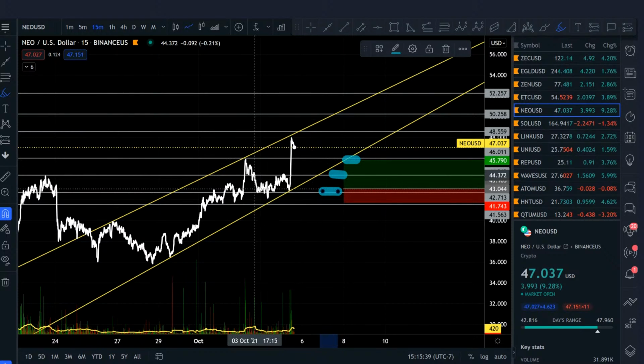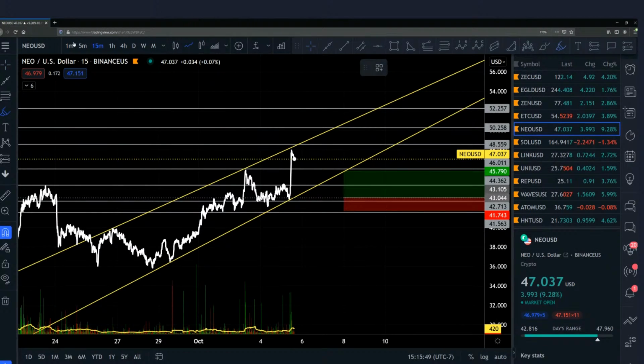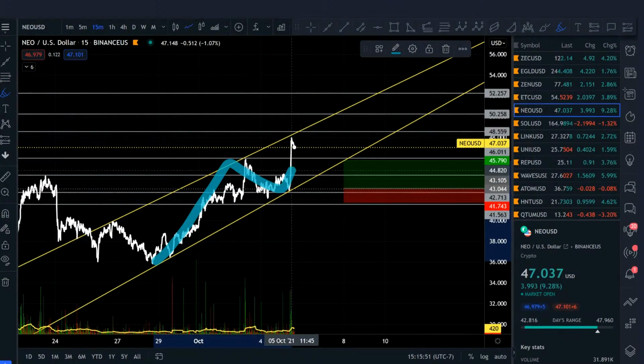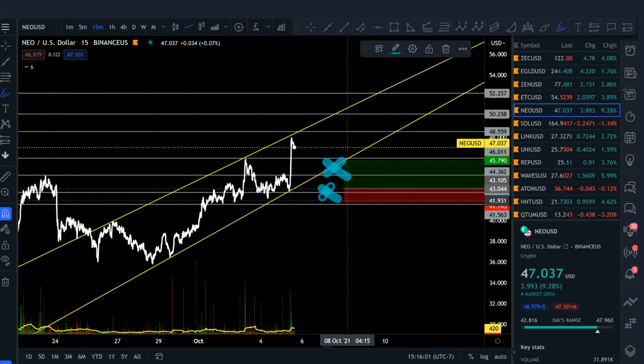I would not recommend trying to play 10 support levels. You lose 10 times, you lost 10% or all your account if you have leverage. So please do not do that. But this is how you pre-plan trades. You've got to put in some of that work, part of the job. Right, so 45 is that midpoint. So I would be looking at 45, 42 as a conservative long bull.